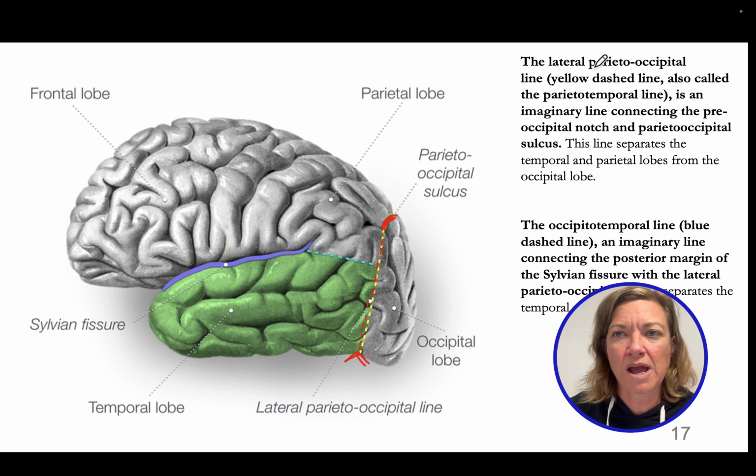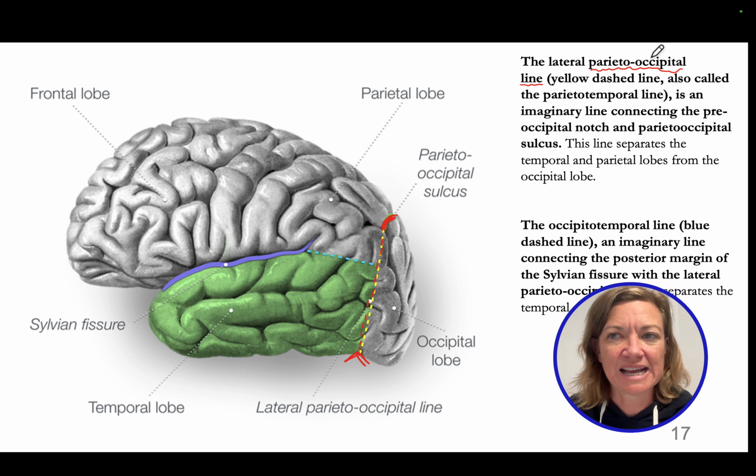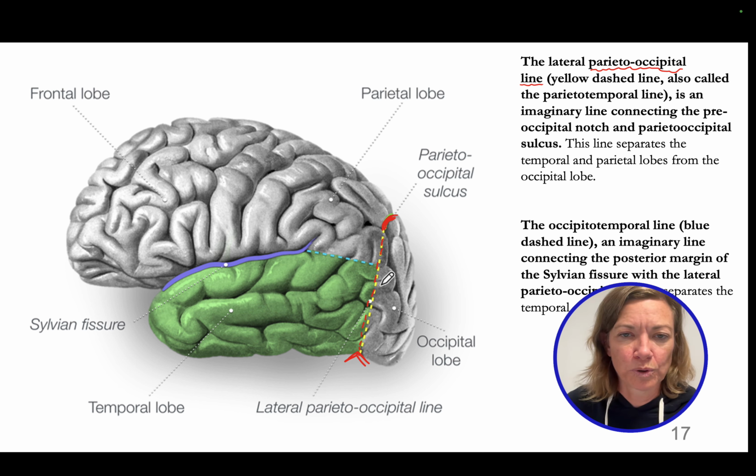And so that parieto-occipital line is sometimes called the lateral parieto-occipital line, but I don't like that term because it's confusing. The parieto-occipital line is an imaginary line between those 2 points, and it creates the anterior border of the occipital lobe.